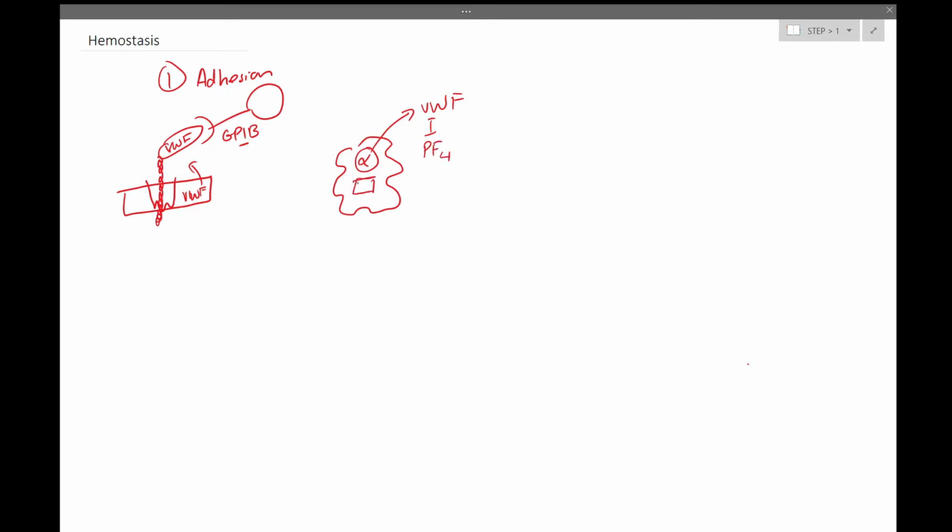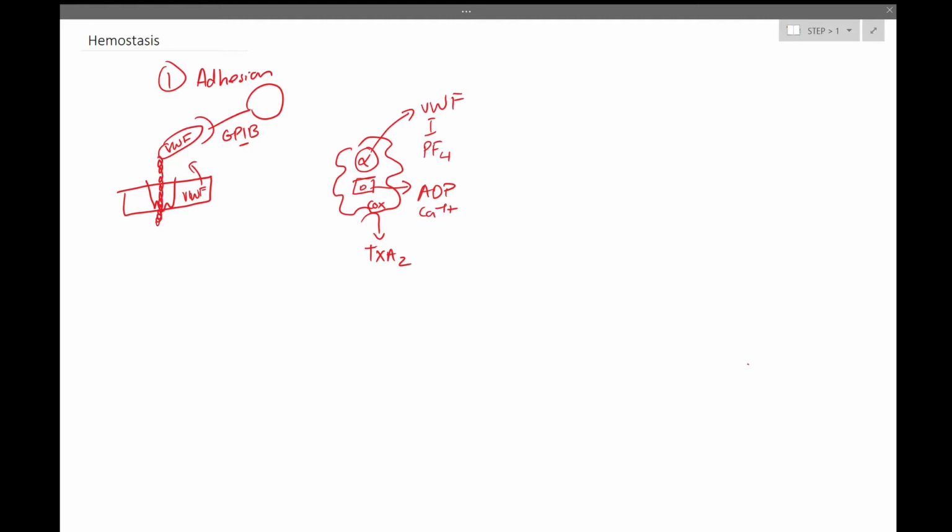The dense granules within this activated platelet will also release ADP and calcium. Lastly, the cyclooxygenase enzyme within this activated platelet will create thromboxane A2, or TXA2 for short.